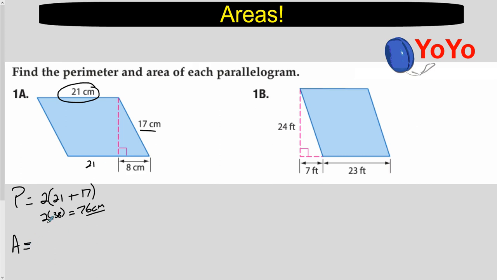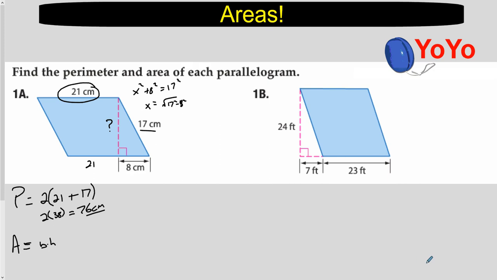The area is the base times the height. So the base is 21. This is the height, and I don't know what that is. However, this is a right triangle. So if I do x squared plus 8 squared, that has to equal 17 squared. So x is the square root of 17 squared minus 8 squared.